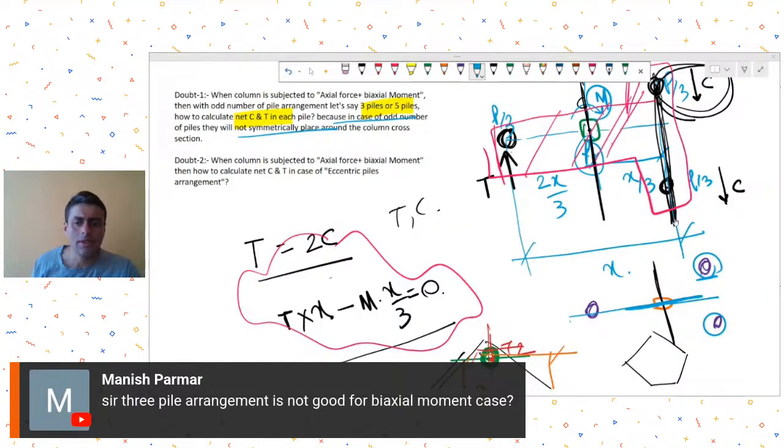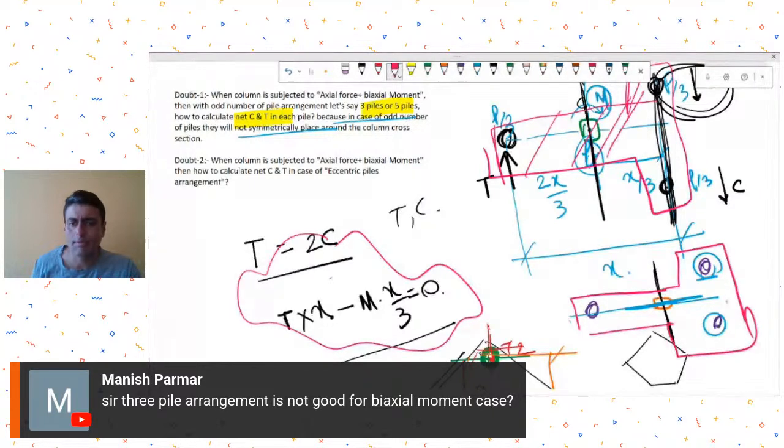But then the way out is that you tie it up with ground beams. So what people do, or what your code also says, let's say this is your three pile cap. About this axis you provide the ground beams or tie beams, at plinth level.